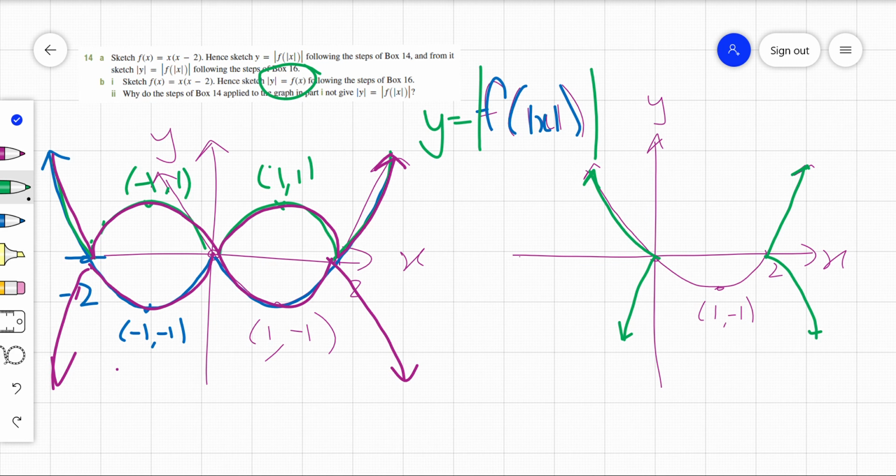And then why do the steps of box 14 applied to the graph not give the same result? I don't know what the boxes are, but if you think about it, you're getting different pictures, you're doing different things, and of course it will depend on the order you do things in, so just be careful.